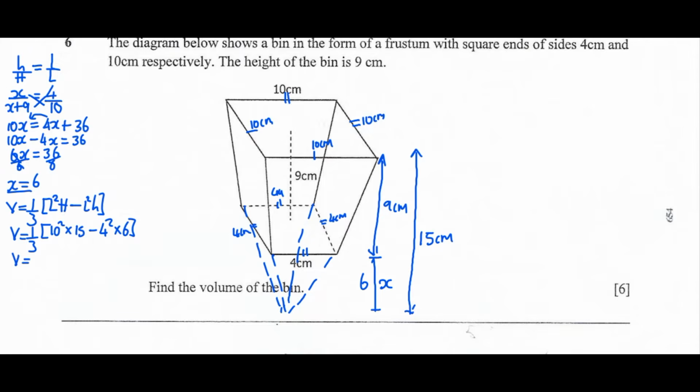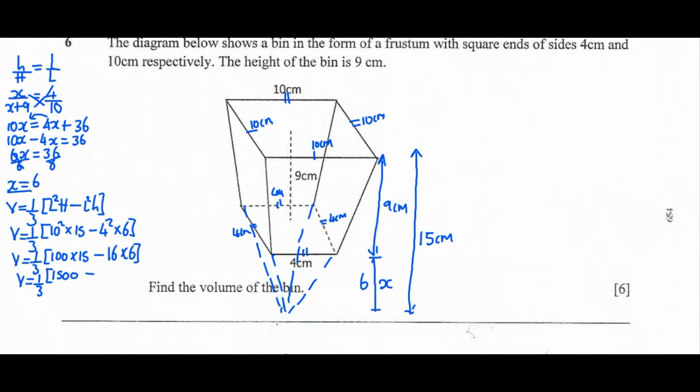Now let's expand and simplify. We know that 10 times 10 is 100. So here we have 100 times 15 minus 16 times 6. If we multiply 100 times 15, we have 1,500.